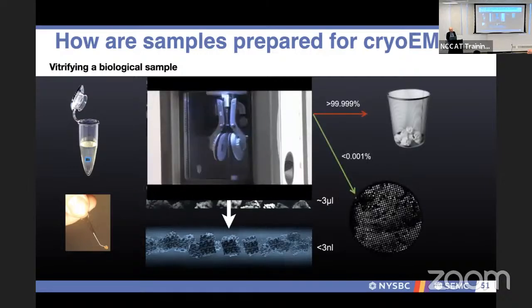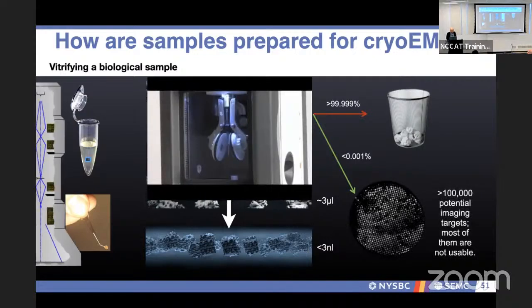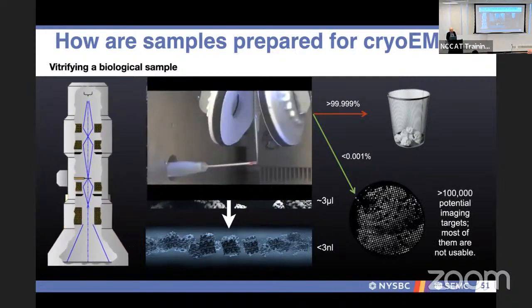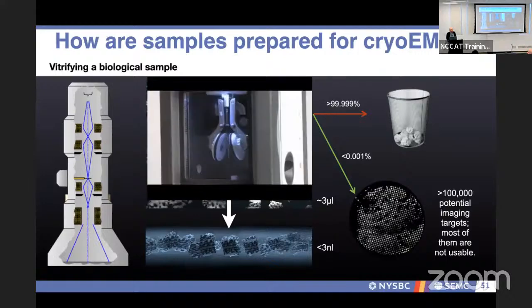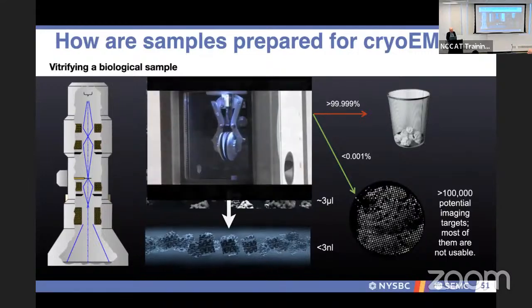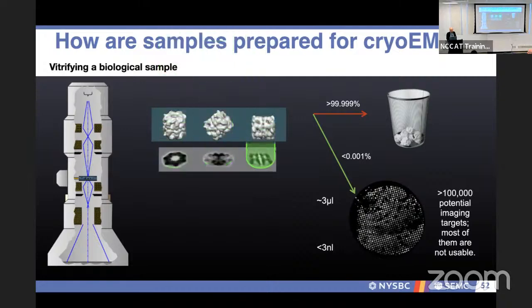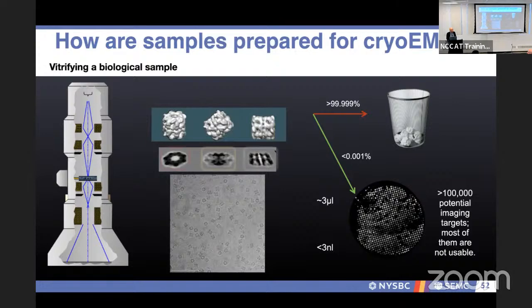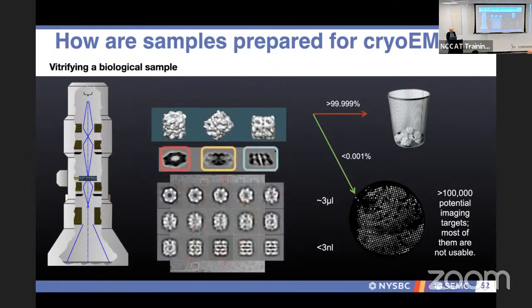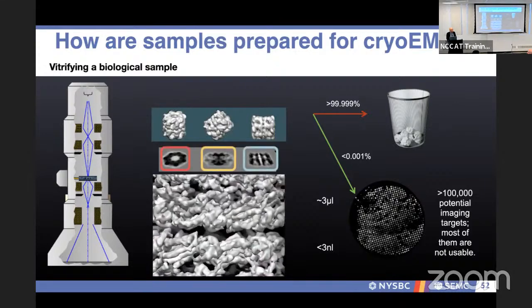Unfortunately, this process means we're throwing a lot of the sample away, and we hope that we have highly imageable grids. The idea of single particle is not only to get very thin samples, but to get a good angular distribution so that we can reconstruct our region or molecule of interest.